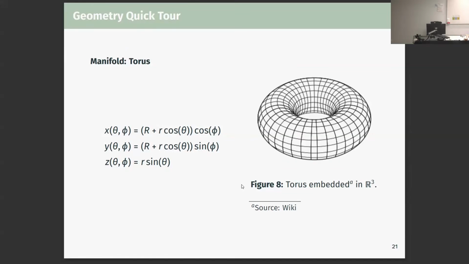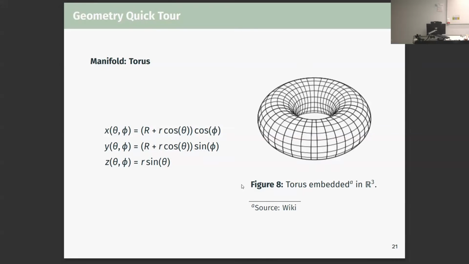And you can also view this as a set of points that fulfills a certain algebraic equation. But when you parameterize it, you can extract away the coordinates from the thing itself. So here, theta and phi parameterize the entire torus through this equation.